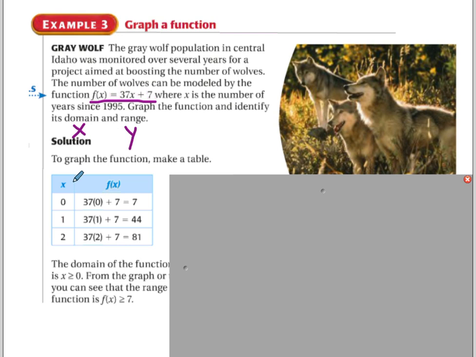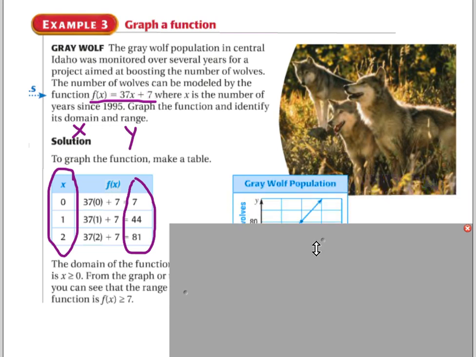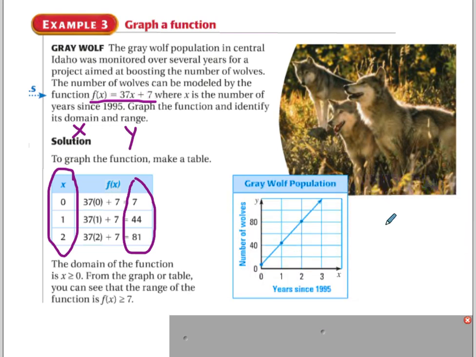So in this case, these are my domain, and these numbers right here are my range. If I were to graph it, I would graph it on a normal XY coordinate plane.